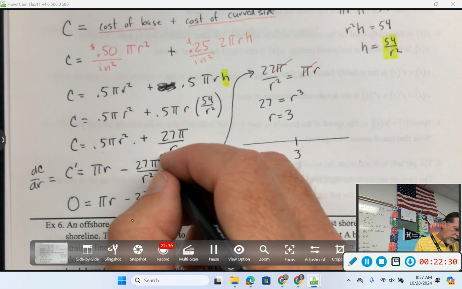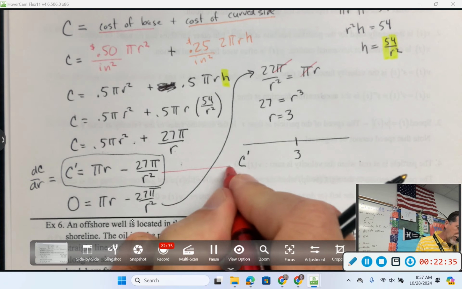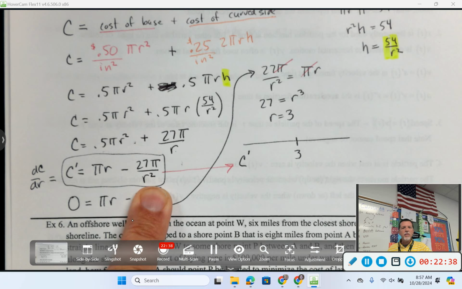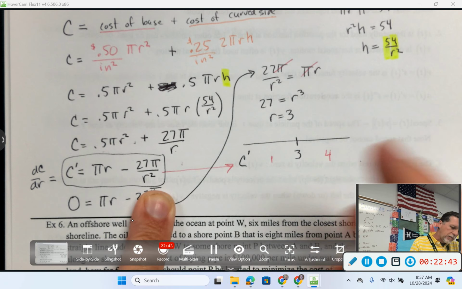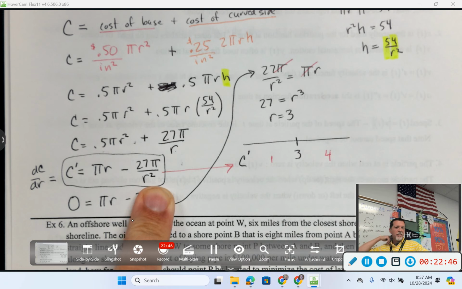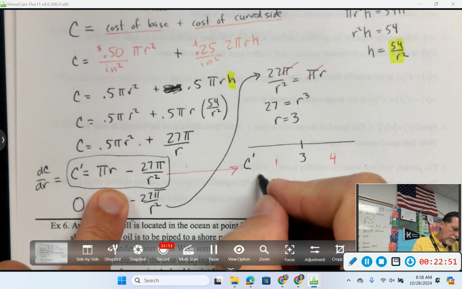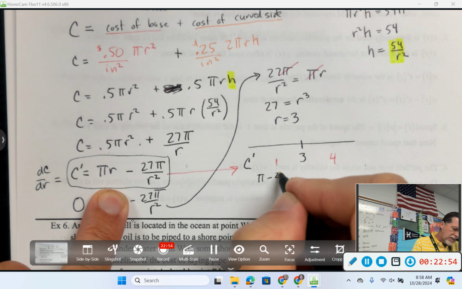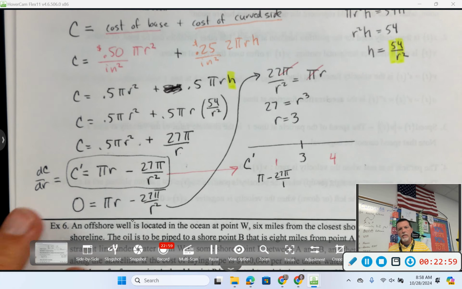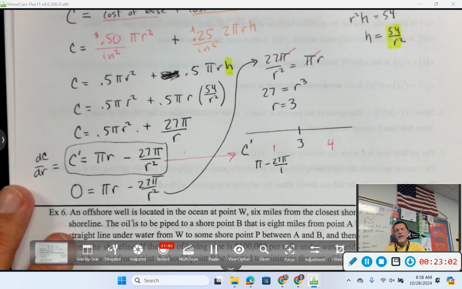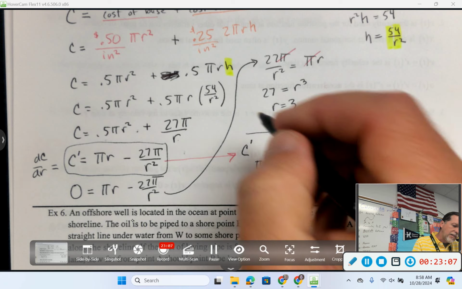Okay, so here's C prime. I was going to check 0, but that wouldn't work because that would mess that up. So I'm going to check 1 and 4. And again, I'm only looking for positives or negatives, so I don't really care about the exact values here. If I plug in 1, I get pi minus 27 pi over 1. And I don't have to be a computation expert to realize that's negative.